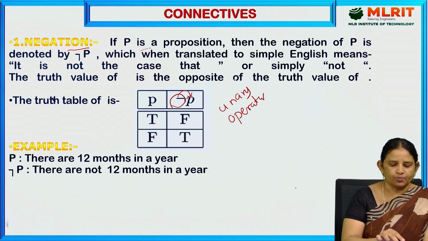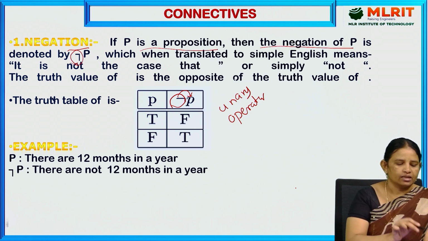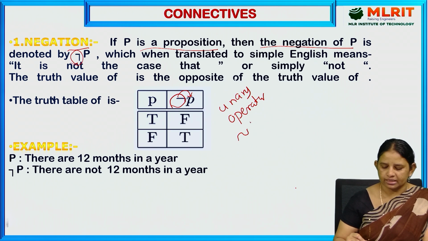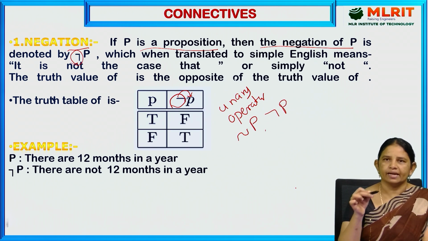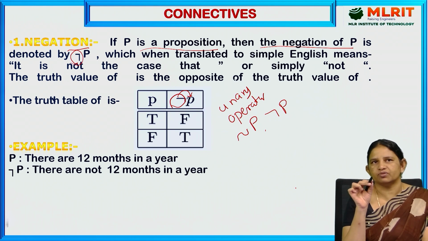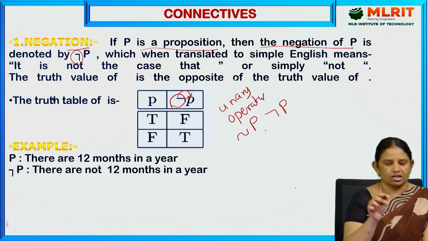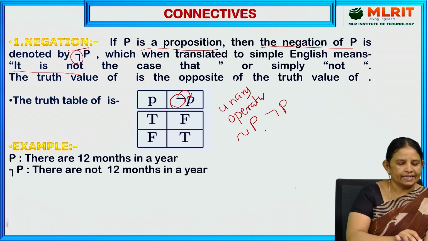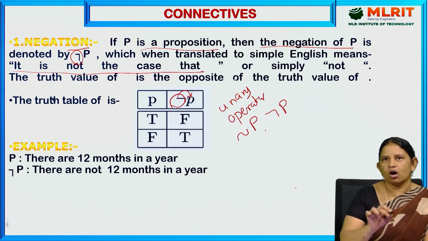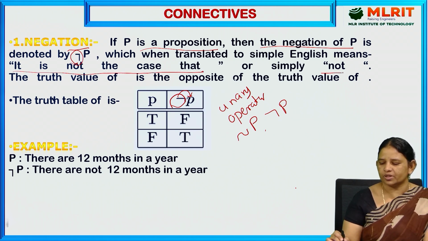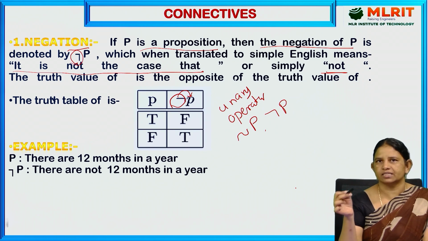If P is a proposition, then the negation of P is denoted by tilde P or this operator. In the English language, there are 2 ways to denote negation. The first one is "it is not the case that", or you can use another word, that is "not".